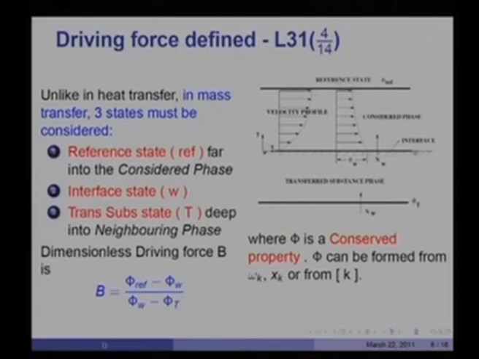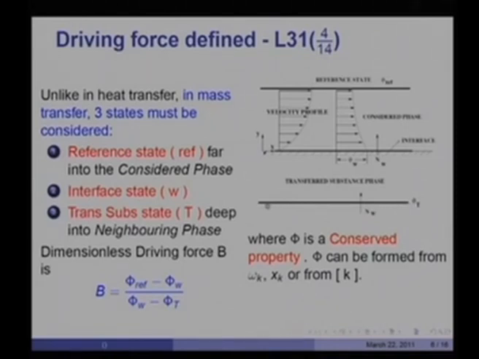Then there is the interface state, which is defined with the symbol W, and then we must always consider the transferred substance state, which is deep inside the neighboring phase. And one of the principal assumptions of the transferred substance state is that it is very similar to the infinity state, that there are no gradients of omega k or velocity or temperature or anything for that matter in this transferred substance state.